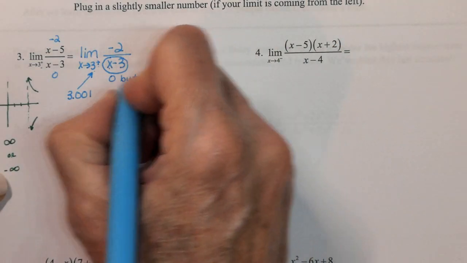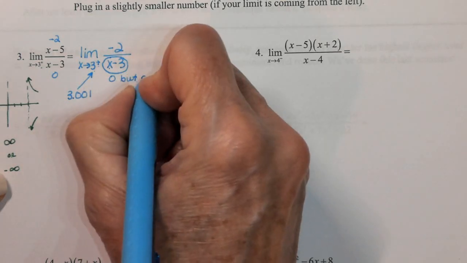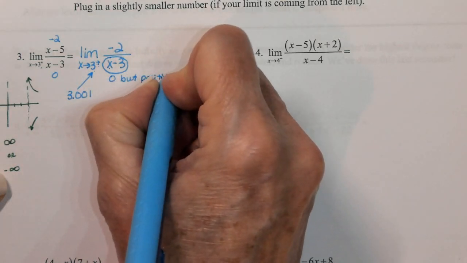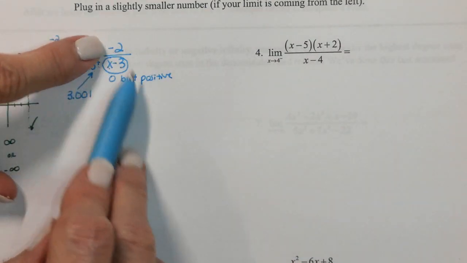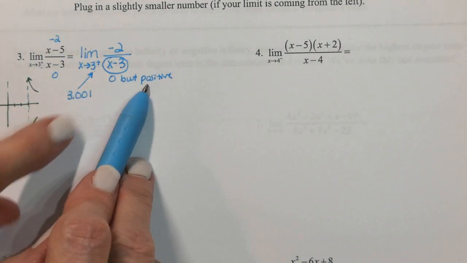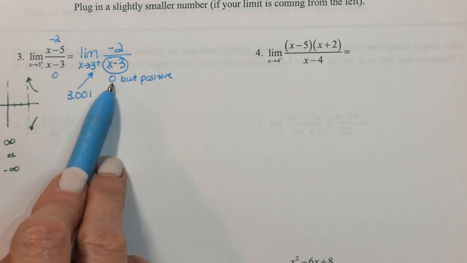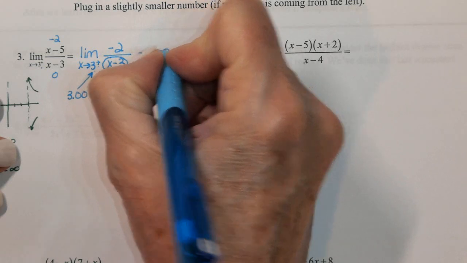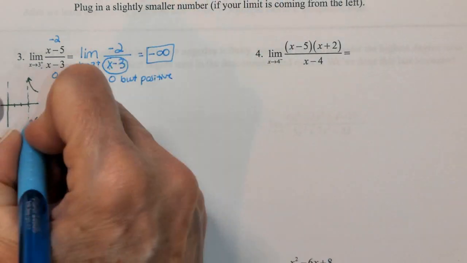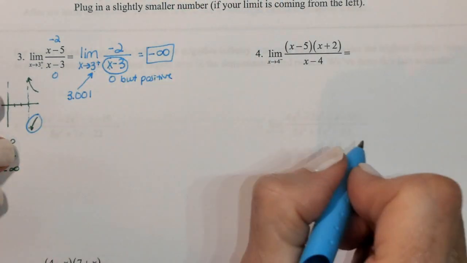It's positive. It's approaching 0, but it's positive. So we've got -2 on top, and we're dividing by a positive number that is very, very small, close to 0. This is -infinity. So it was this one on that graph.